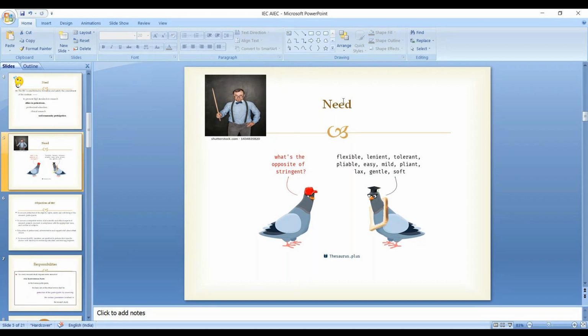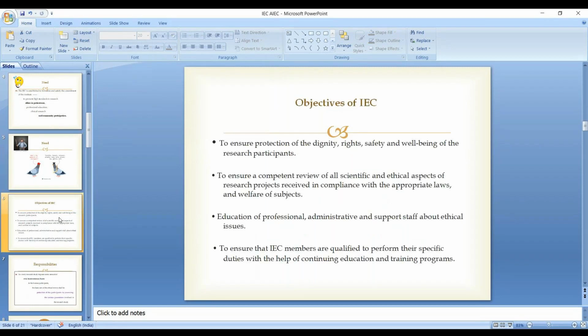So IC has to go with stringent rules and regulations. If we see the objectives of IC, they are to ensure the protection of dignity, right, safety, and well-being of research participants. Whoever the community participant is, their dignity, right, safety and well-being, all of these should be protected.